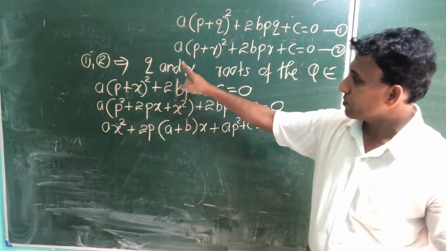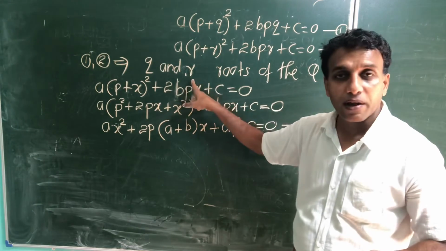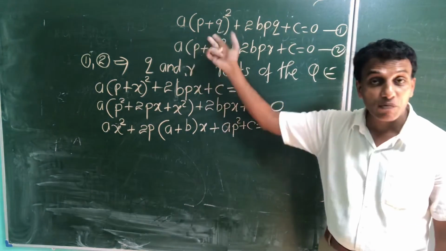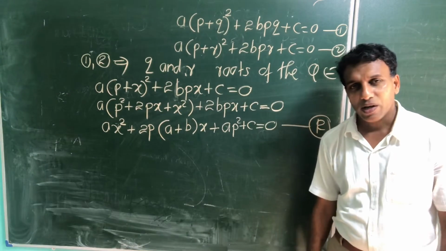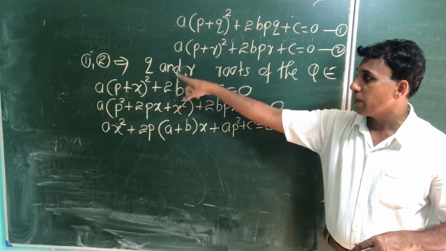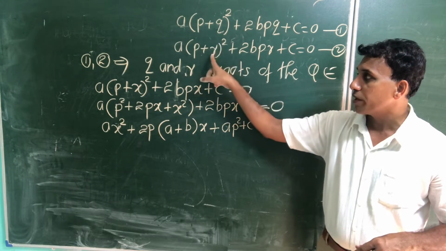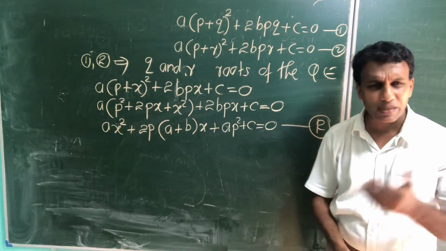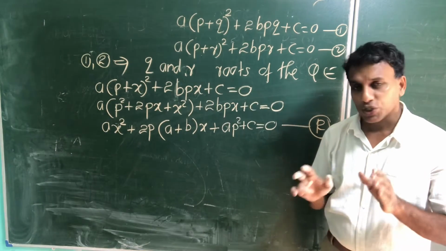Same method, q and r are the roots of this equation. Therefore, we can apply x for q, x for r, which satisfies. That's the method, right? This question, that's the method.